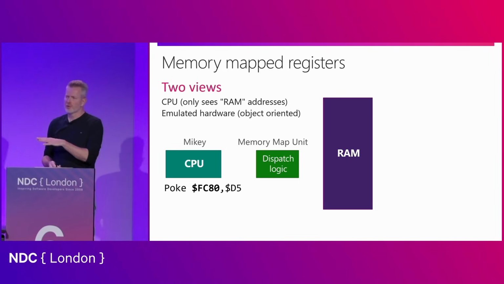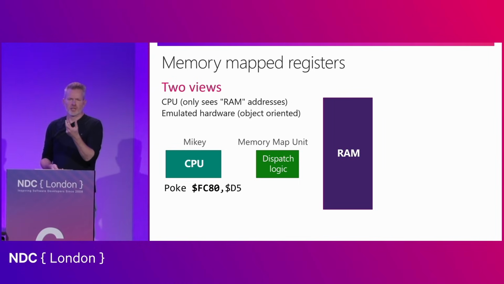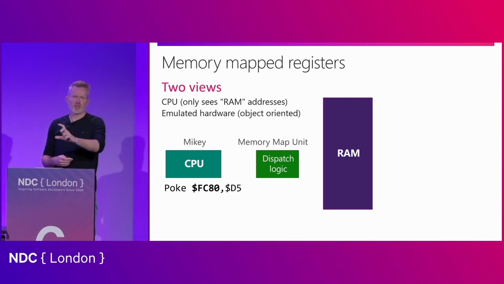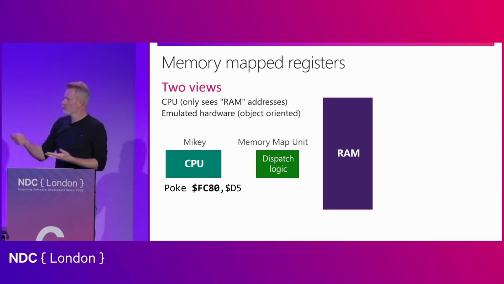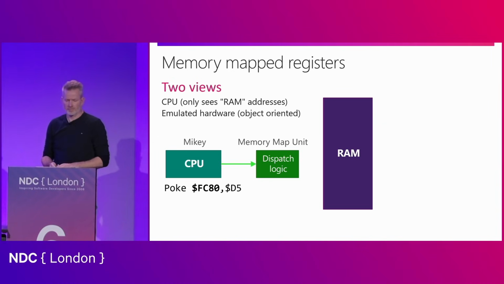And the memory map unit looks at certain flags that have been set. What do you want to see? Or which area of the address space is this? It might be ROM, it might be cartridge, and it might be hardware. And that's the electronic implementation inside of the console. And we need to mimic that behavior as well.